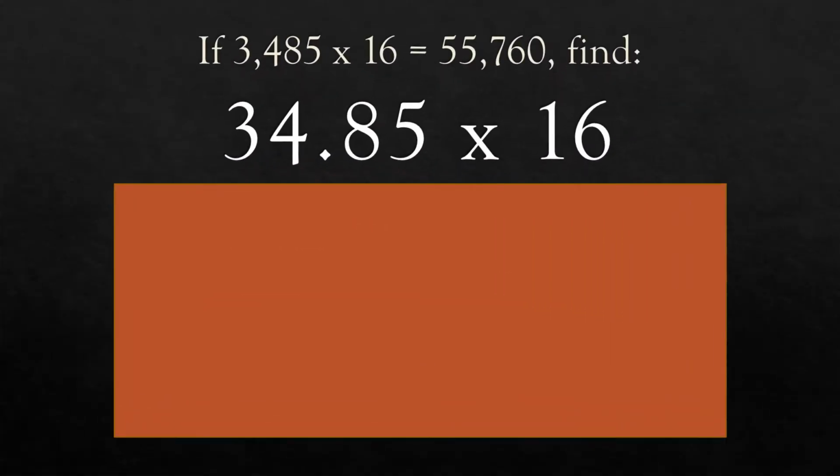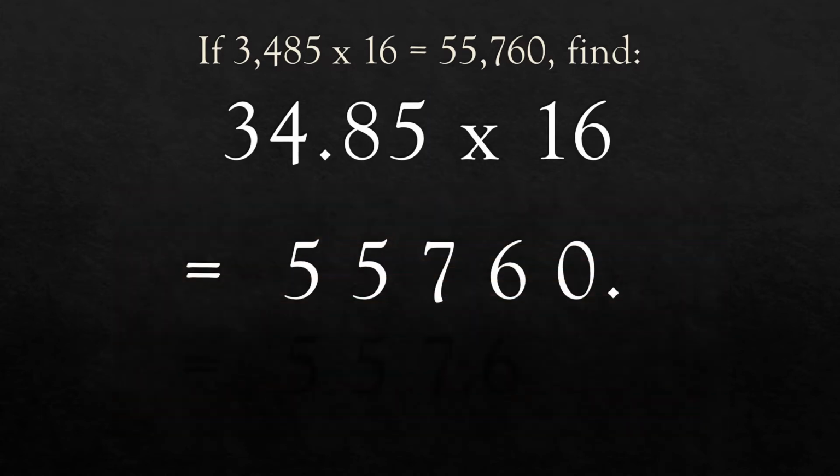Let us take another example. If 3485 multiplied by 16 is equal to 55,760, find the product of 34.85 multiplied by 16. If we ignore the decimal point, the product remains the same, that is 55,760. But the position of the decimal point is changed.